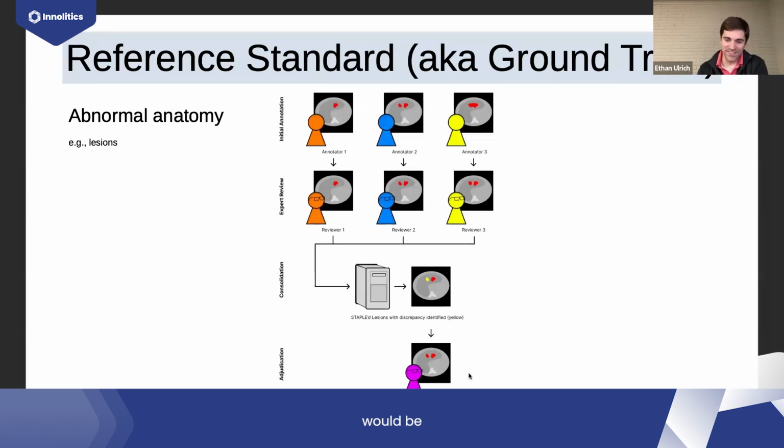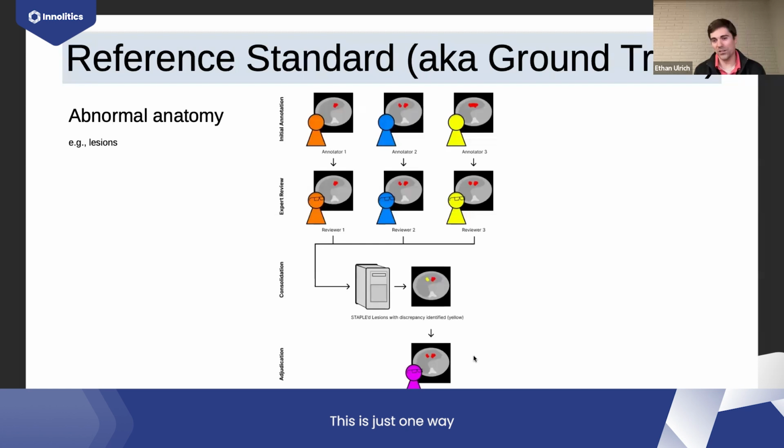One way would be to present them with the opinions of all three and say, hey, which one is correct, or give them a combined version where they would edit this annotation so that it's what they believe is correct. That would be another way to do it. Again, there's not a cut and dry way to do these adjudication steps, or this entire protocol for ground truthing.